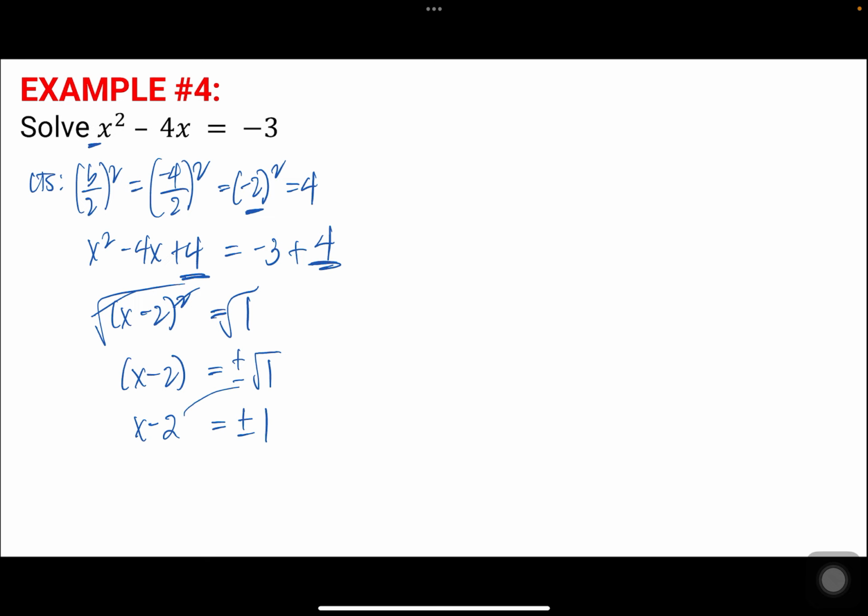So, transpose po natin si 2, magiging x is equal to positive negative 1 plus 2. So, we have two value of x, x sub 1 is equal to 1 plus 2, and x sub 2 is equal to negative 1 plus 2. So, simplifying them, 1 plus 2 is 3, and negative 1 plus 2 is positive 1. So, x will become 3 and 1.